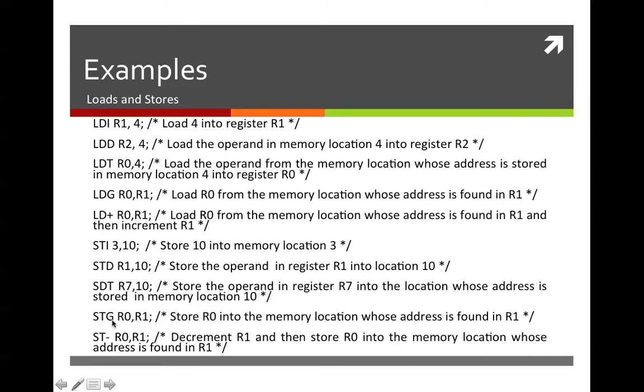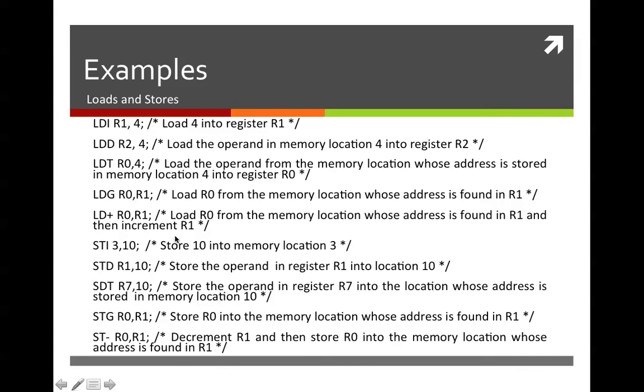And STG is similar to LDG, with R1 as an address pointer, and then R0 as the place where the operand is held. And ST minus is slightly different than LD plus in terms of the role of R1. When it is a minus sign here, we use R1 as before, but we decrement it first and then use it as an address to store the operand in R0.